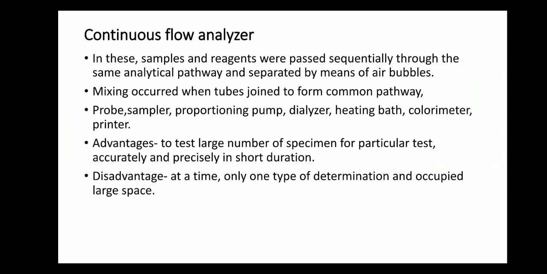And this continuous flow analyzer has probe to pipette out the sample, to take out the reagents, sampler to hold the samples, and mixing is done there, proportioning pump to guide the flow, dialyzer to obtain protein free filtrate, because sometimes the whole blood sample might interfere with the test results. So when the protein free filtrate is required, dialyzer is made use of. Heating bath, if any incubation is required, this is made use of. Then colorimeter to measure, then printer to print out the results obtained.